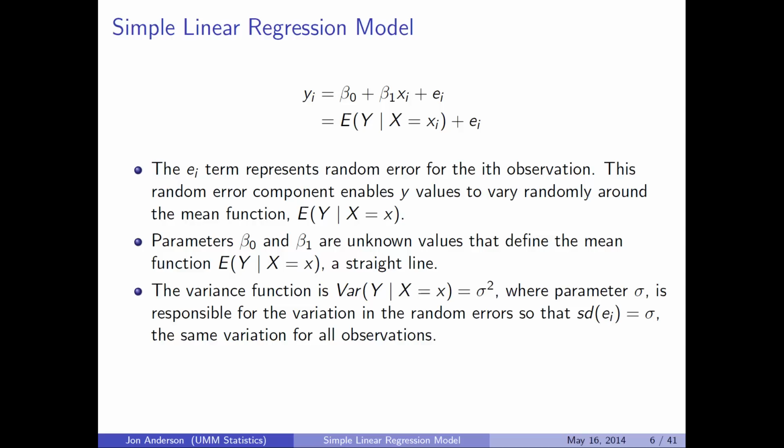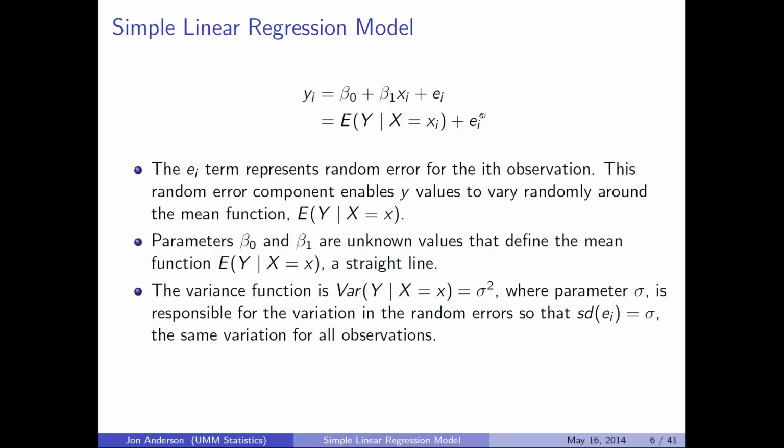Beta 0 and beta 1 are unknown values. We believe they exist, and our job as statisticians is to measure and estimate them the best we can and try to understand how the data creation system works. We are not typically going to know what these values are, and beta 0 and beta 1 are called parameters.